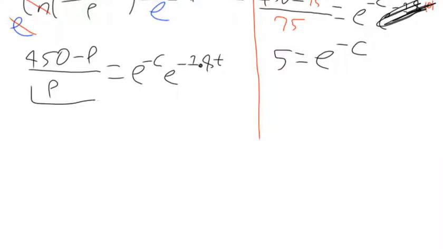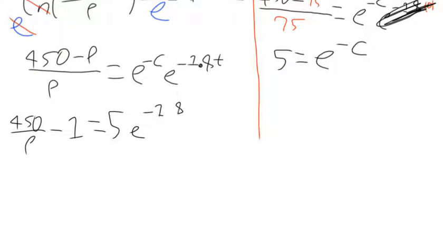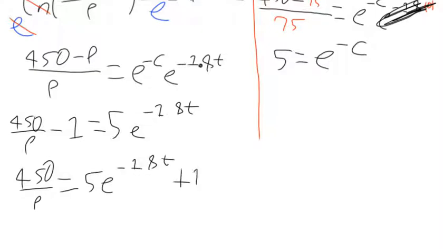And on this side, I'm also going to split the fraction now, so I'm going to have 450 over p minus p over p, which is just 1, equals 5 times e to the negative 1.8t. Now I just need to isolate the p. I will add 1 on both sides. 450 over p equals 5e to the negative 1.8t plus 1.